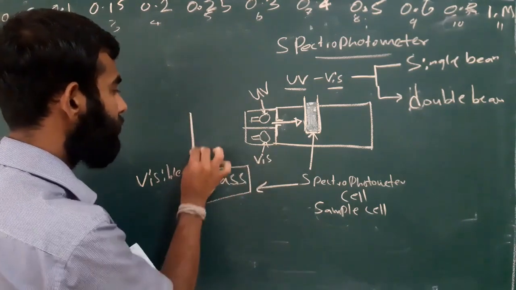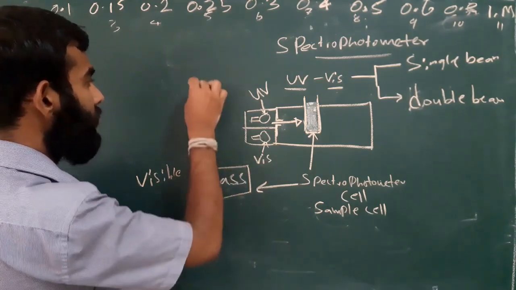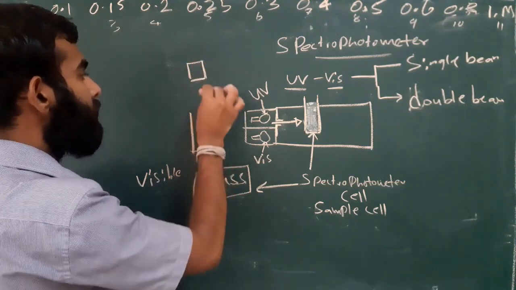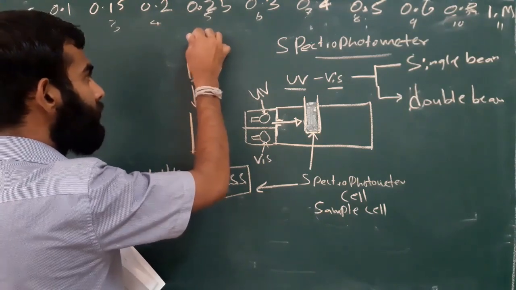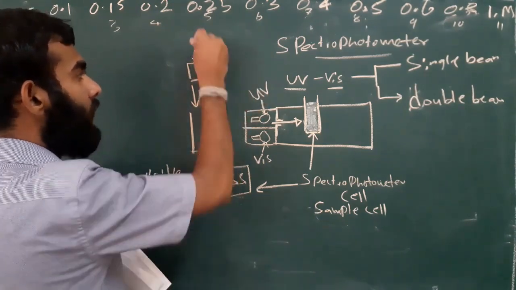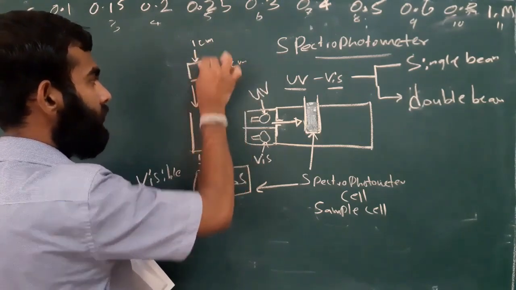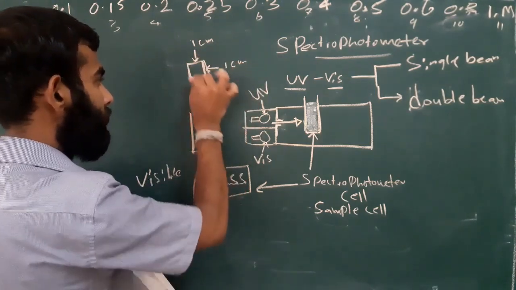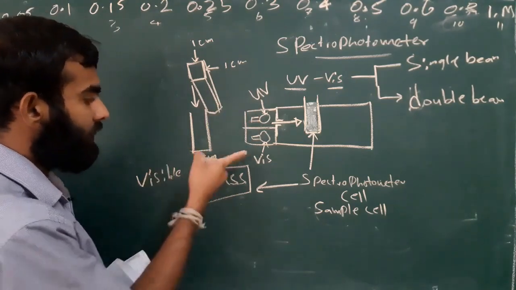The path length of these cells, every glass cell, is 1 centimeter. When we observe from above, the length and width are both 1 centimeter. This is our cell, so the path length is 1 centimeter.